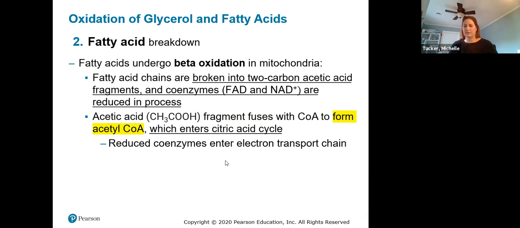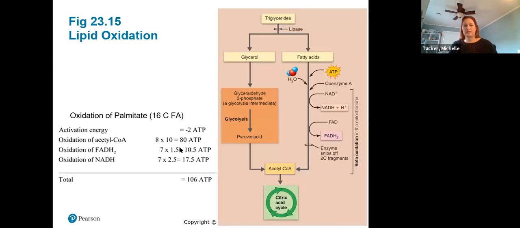So if it's 20 carbons, you get 10 of them, plus NADHs plus FADH2s at a value of 1 less than the number of acetyl-CoA. Okay. And that they will generate over 100 ATP. And that number varies depending on the length of your fatty acid. Okay, so you don't need to know like this second column.